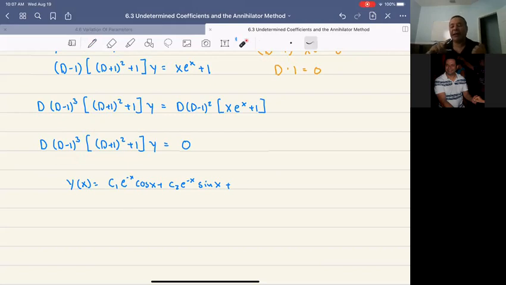That means we're going to have c1 e to the x, c2 x e to the x, well, some constant, so let's say c3 e to the x, c4 x e to the x, and c5 x squared e to the x.